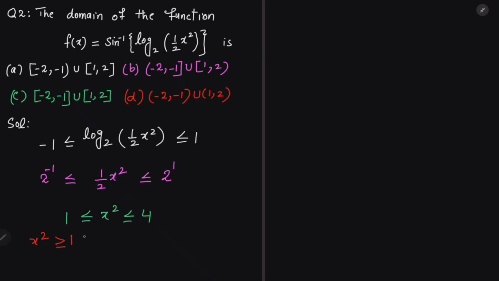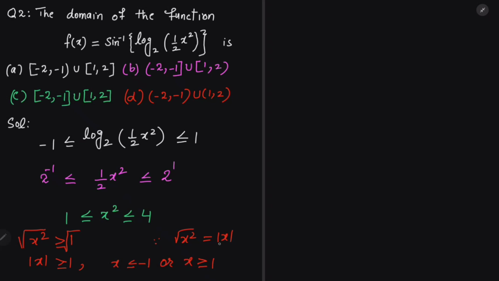When x square is greater than or equal to 1, you simply take a square root on both sides and use the definition which says that square root of x square is mod x. So mod x is greater than or equal to 1, which means that x is less than or equal to minus 1, or x is greater than or equal to 1.